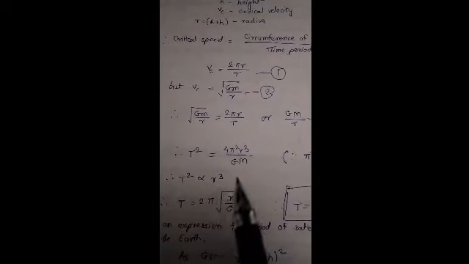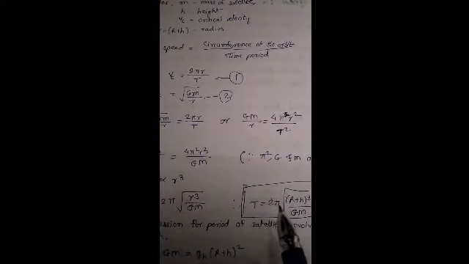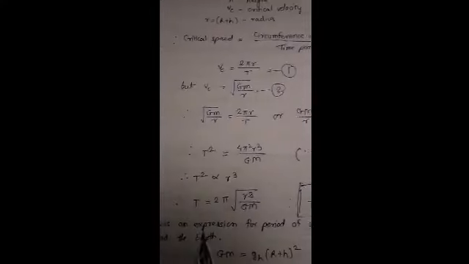Therefore T is equal to 2 pi square root of r cube upon GM, so T is equal to 2 pi root of (R plus h) cube upon GM.